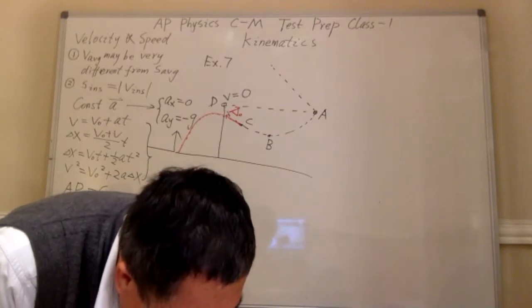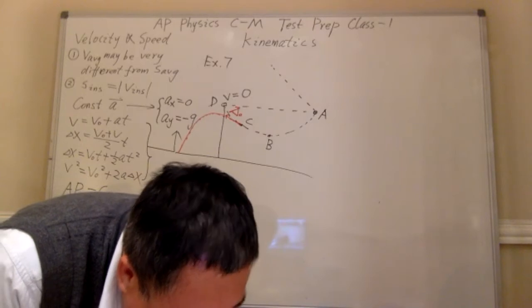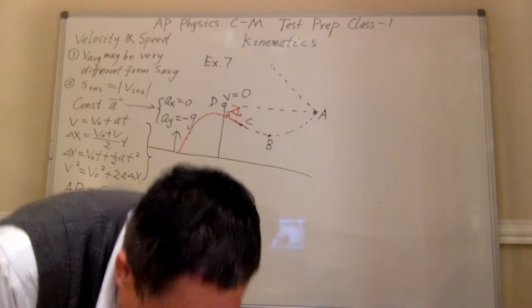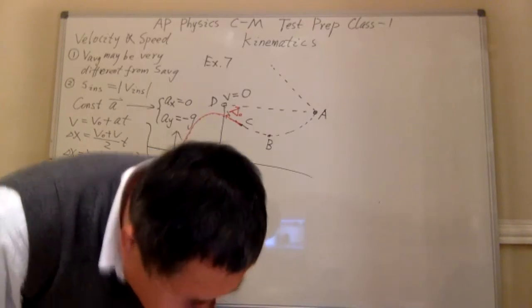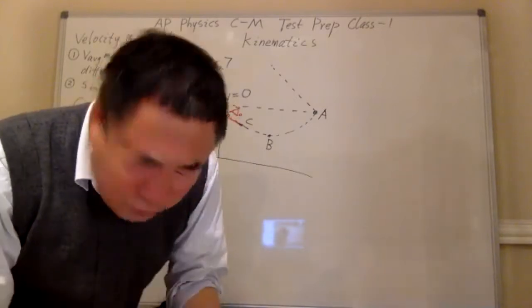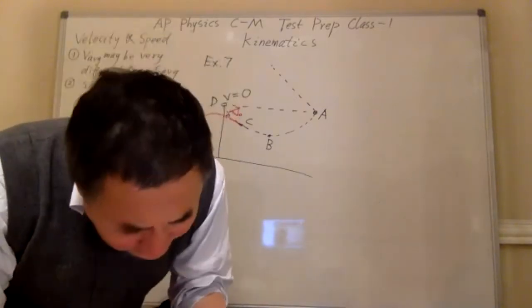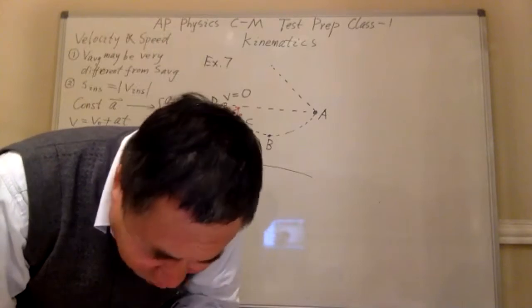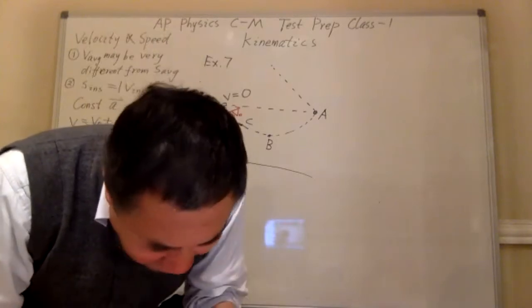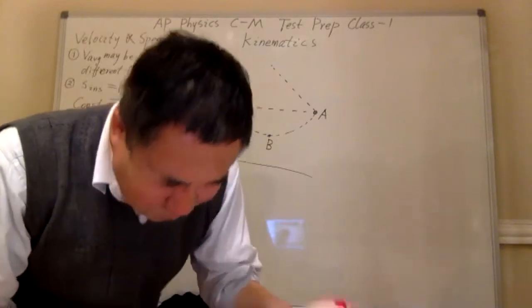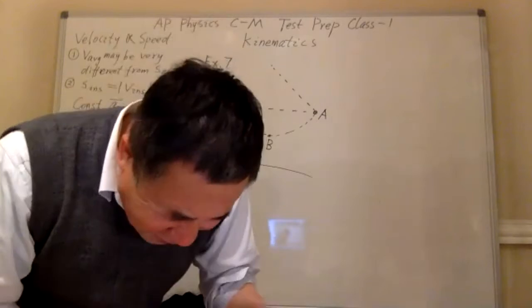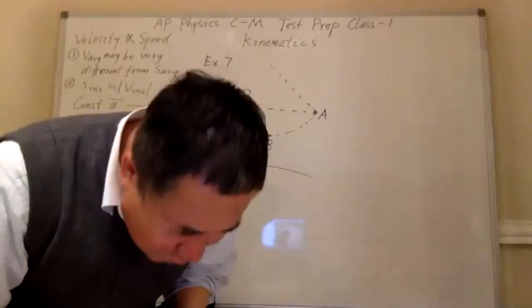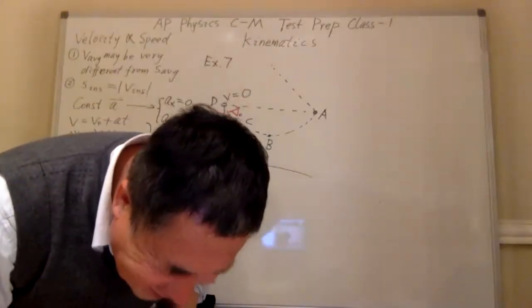Calculate the gravitational potential energy when the person is at A, relative to the surface of the water. I believe everybody already knows potential energy, because no matter what you are doing in school, everybody knows the potential energy formula.